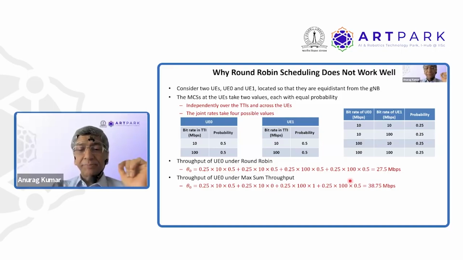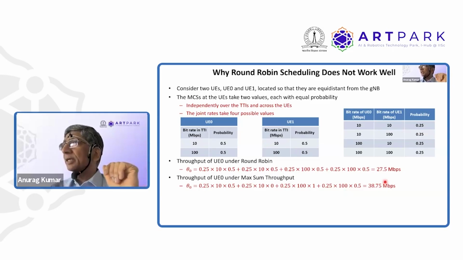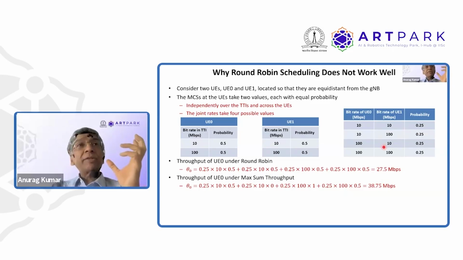Suppose you are in this state. With probability 0.25, you are in that state, but in that state, you always schedule UE1. It is 100. Suppose you are in this state. With a probability of 0.25, you schedule either one or the other, but then you get the same throughput. 38.75.